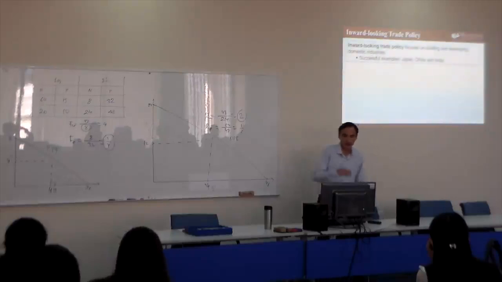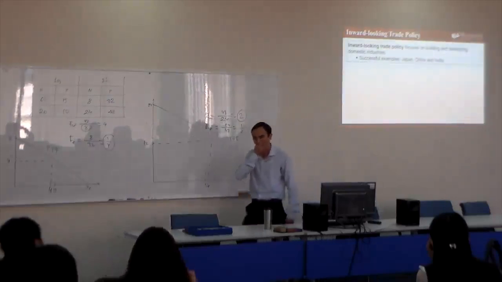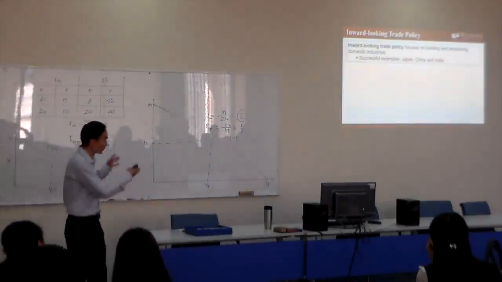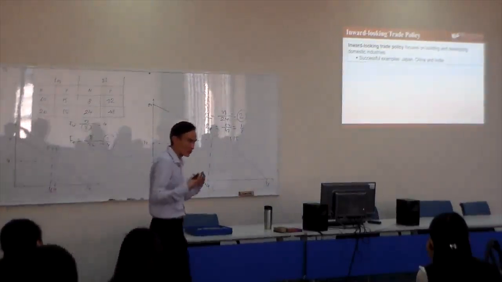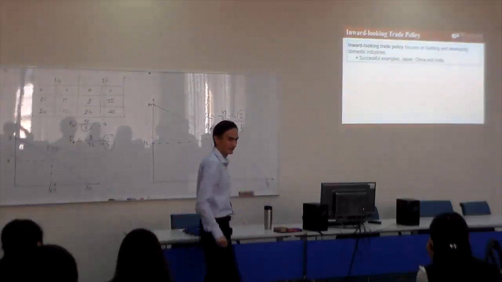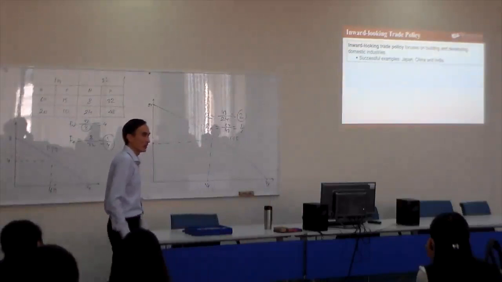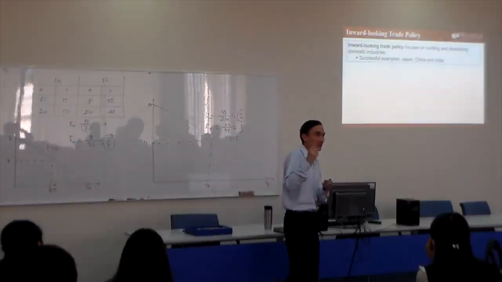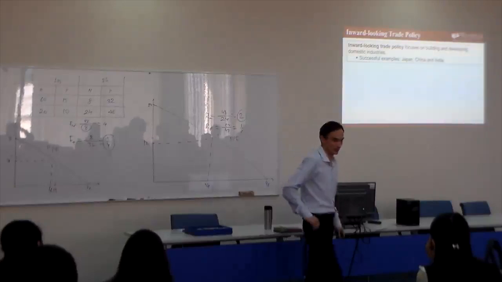The first one is inward-looking trade policy. There are countries, even in Uzbekistan and China, all countries, that know comparative advantage is a really good thing. But comparative advantage is something that can be developed too.